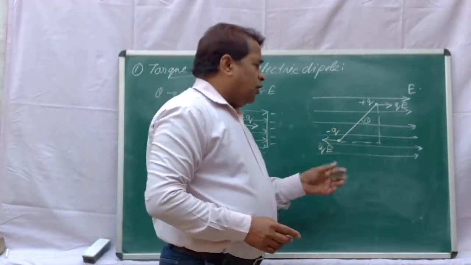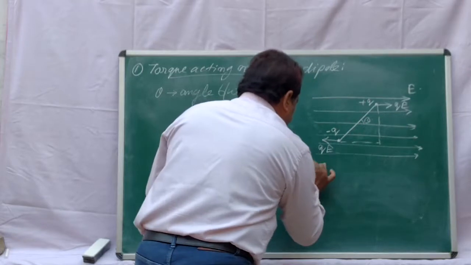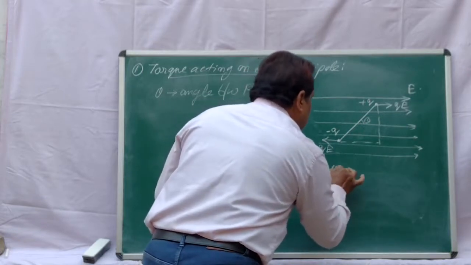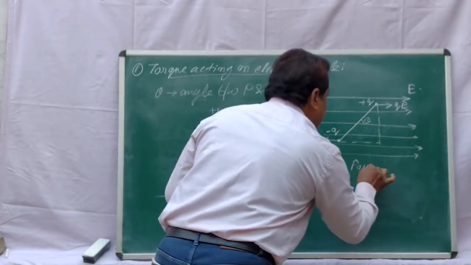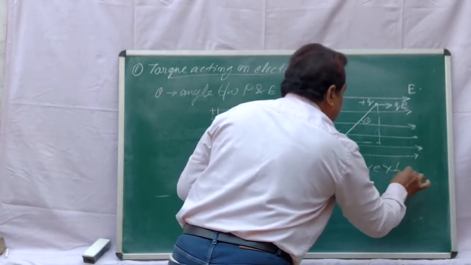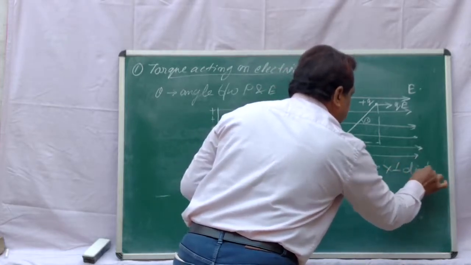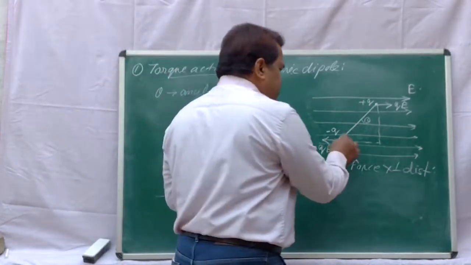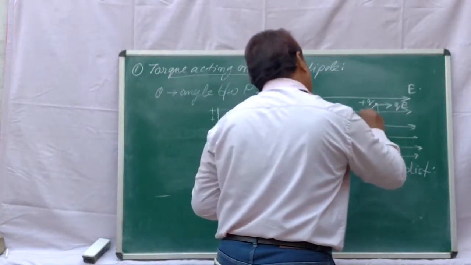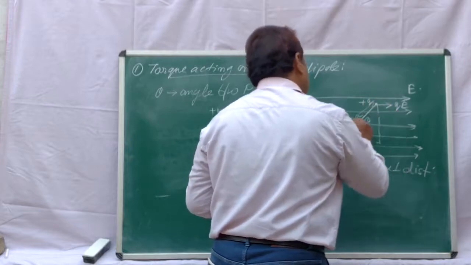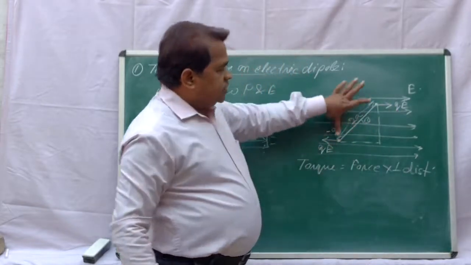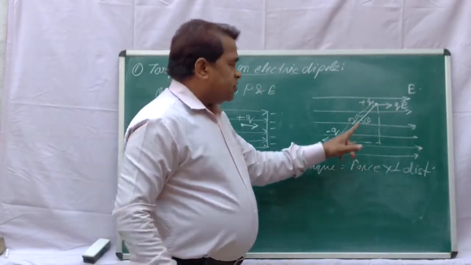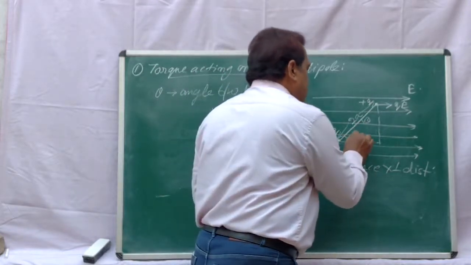So here the torque will be, this is torque is equal to force into perpendicular distance, right? The total distance is 2a, like this. So if this distance is 2a, this angle is theta, so this angle is also theta.